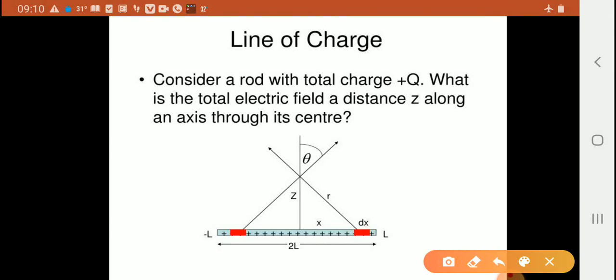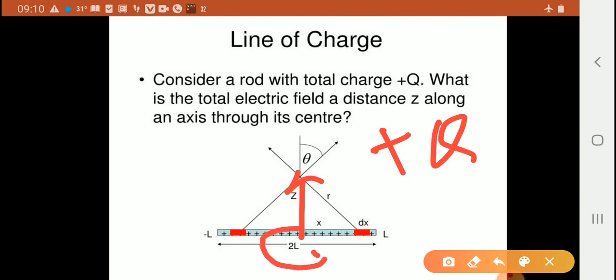Consider a rod with total charge plus Q. What is the total electrical field at distance Z along an axis through its center? The total length is from minus L/2 to plus L/2.